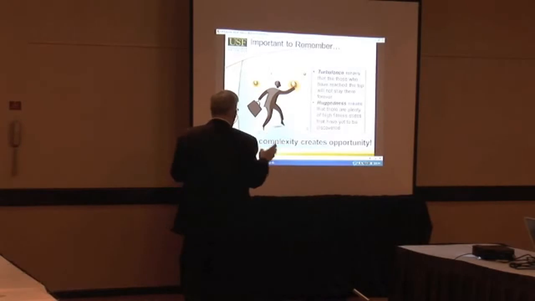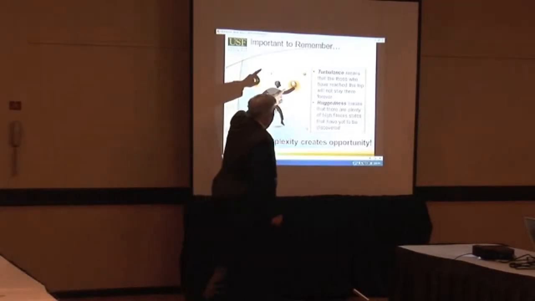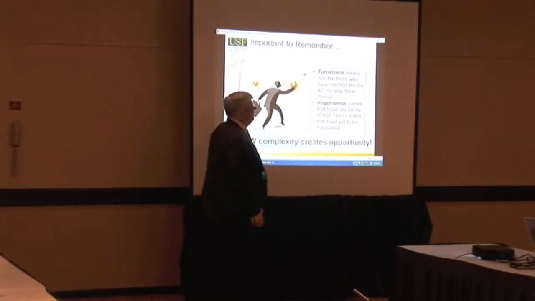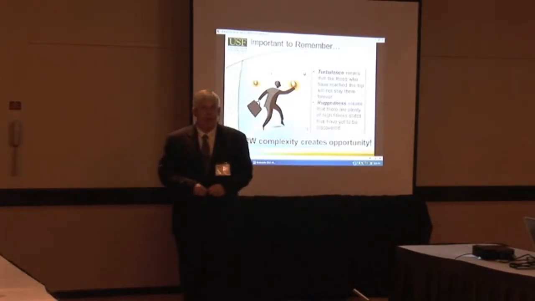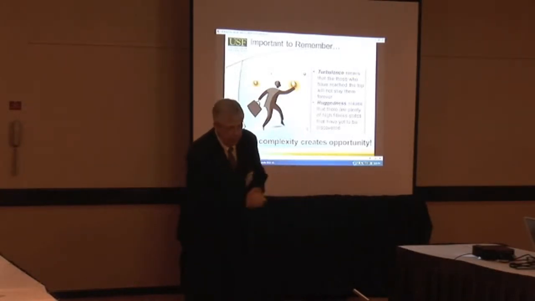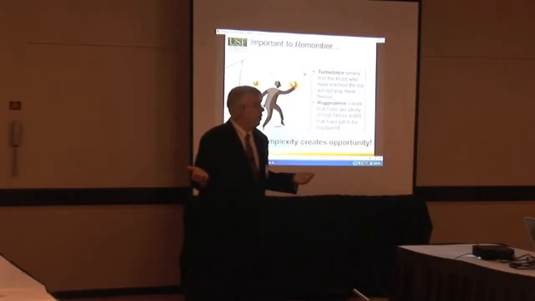Well, the first thing to remember is that these things are not all bad, because turbulence means that even if you reach the top, you're not going to stay there forever. If you take a look at the Fortune 500, for example, between 1999 and 2009, a 10-year period, about half of them turned over.